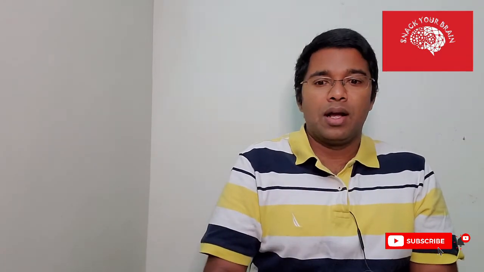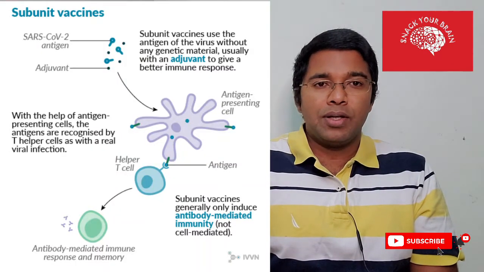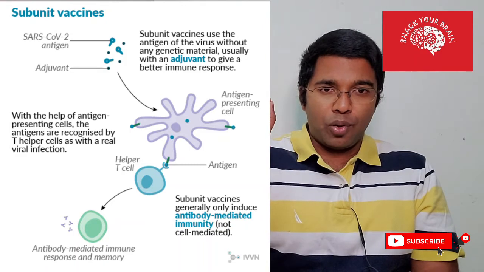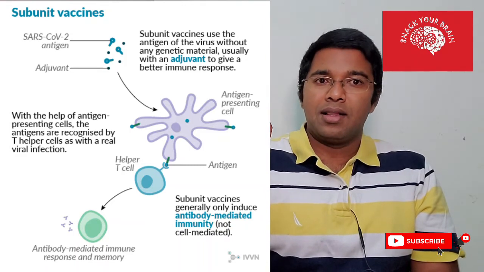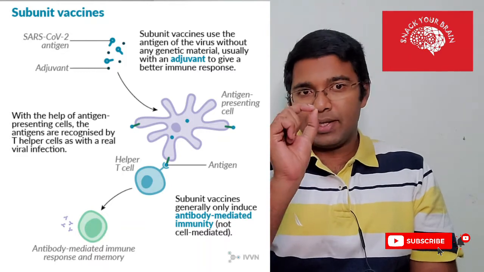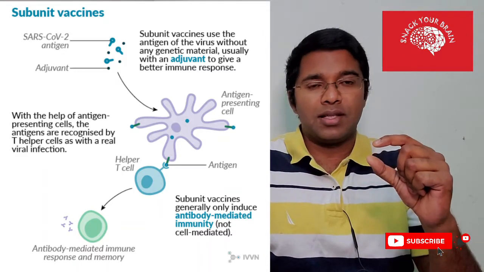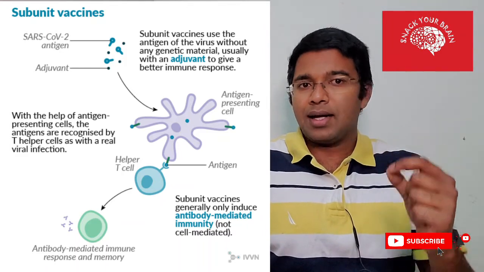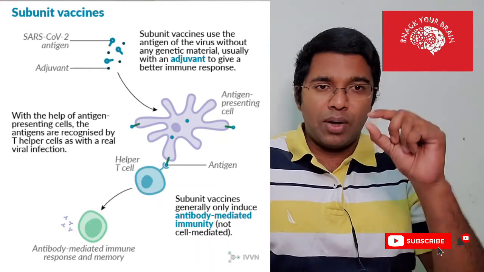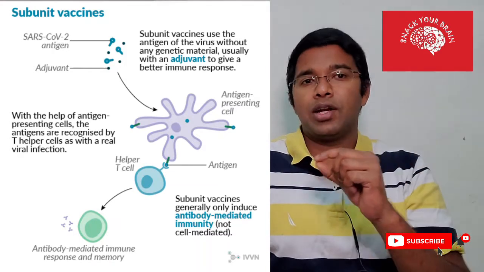The next one, a subunit or spike protein vaccine. In this case, the protein or the exact toxin that causes disease is isolated, and that is formulated into a medicine by adding stabilizers or preservatives, and that is injected into your body. So only a very little amount of spike protein is getting into your body.